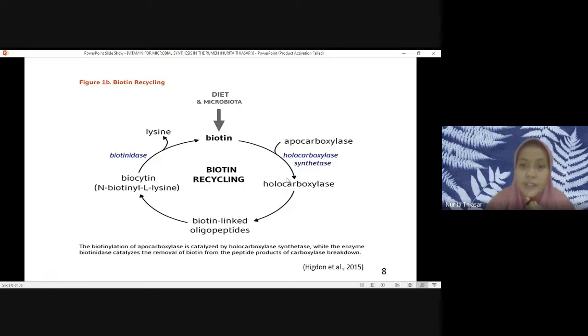This kind of enzyme will break down the biotin into holocarboxylase, and then biotin will go to the biotin link oligopeptidase and then become the biocytin. And with the enzyme of biotinidase, it will produce the lysine.